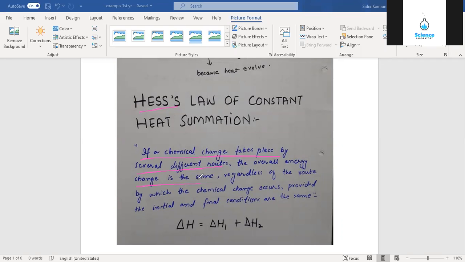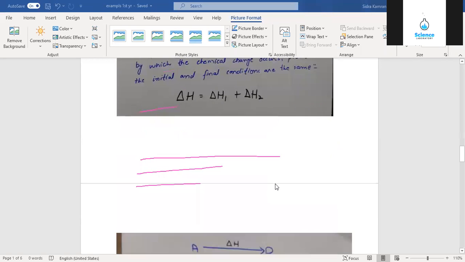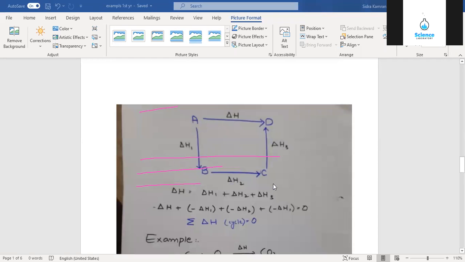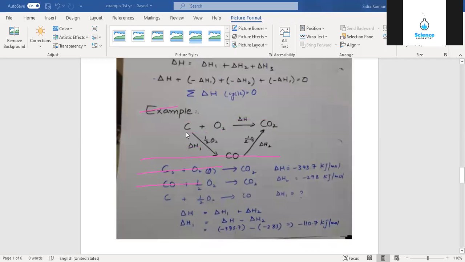For example, you are making carbon dioxide. Here you are forming carbon dioxide. This is a direct equation to make carbon dioxide gas by carbon plus one mole of oxygen.